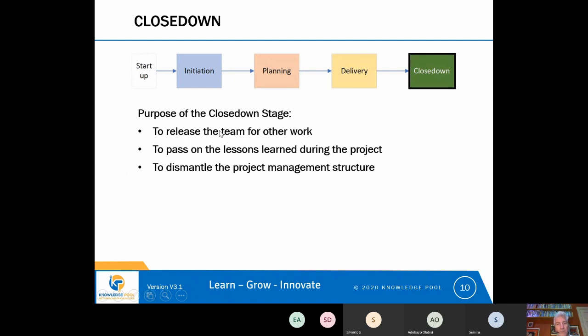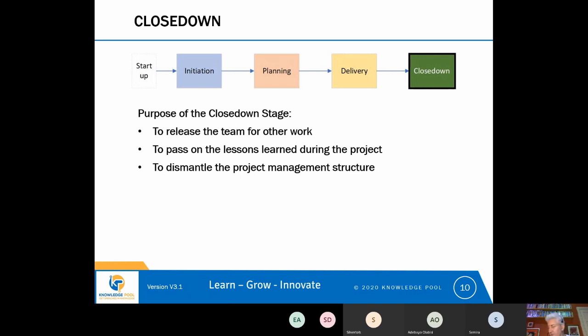Okay. And the final stage of the project is its close down stage. And this stage is really important because the members of the project team are valuable resources. And in fact, they're probably now more valuable because they have the experience of planning and delivering this project. Now, the people who've worked on the project have probably learned something new virtually every day.